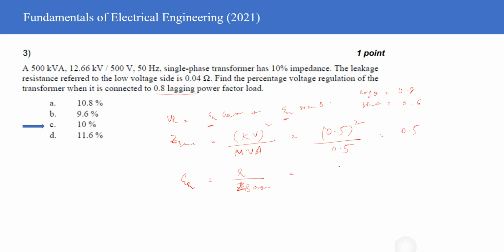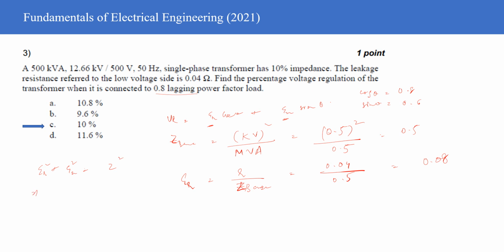So this will be equal to 0.04 divided by 0.5, which is nothing but 0.08. Now if you have your ER as this, then I also know that ER square plus EX square is equal to Z square, right?